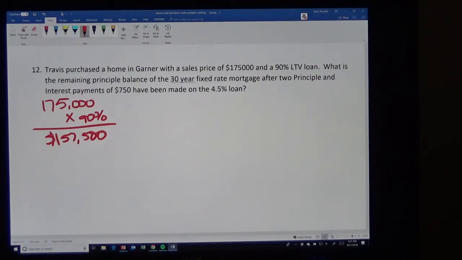We know we're paying $750 every month. That doesn't change. We just don't know how much of that is going toward interest, so therefore we don't know how much of it is going toward principal. So let's work on figuring that out. $157,500, and it's issued at 4.5% interest.